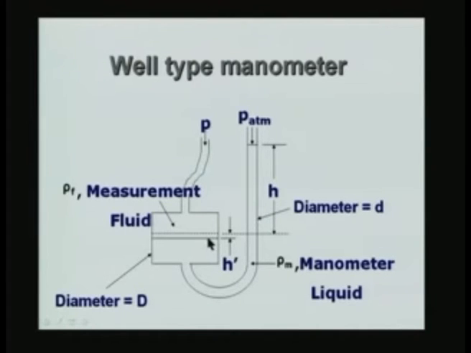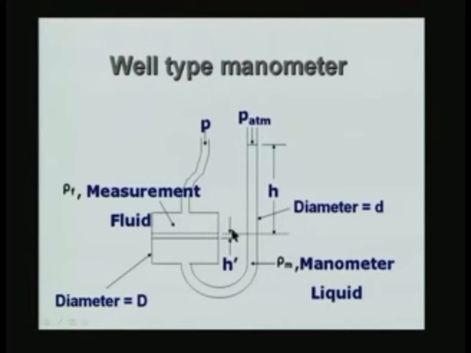Therefore, the change in the level inside the well is a change in volume, which is given by the area of cross section of the well multiplied by H prime. This will be exactly equal to the height h multiplied by the area of cross section of the tube.